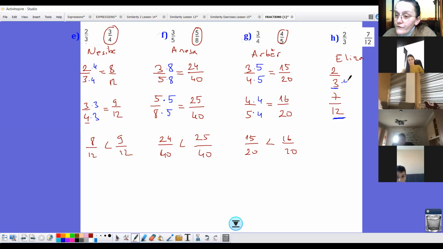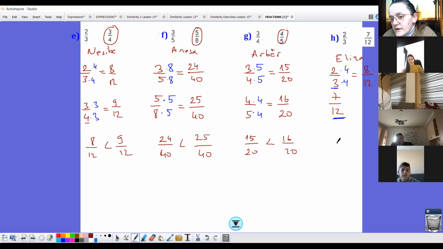By 4. When I multiply by 4, we'll get 8 out of 3 multiplied by 4, which is 12. Then we have 8 out of 12 and 7 out of 12. Now here we have the same denominator.